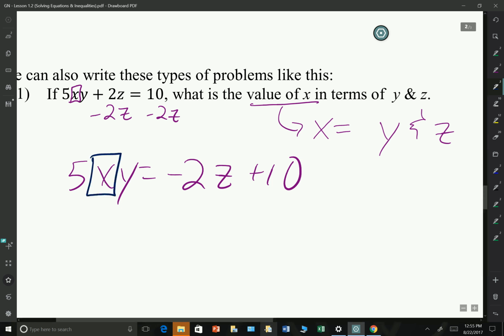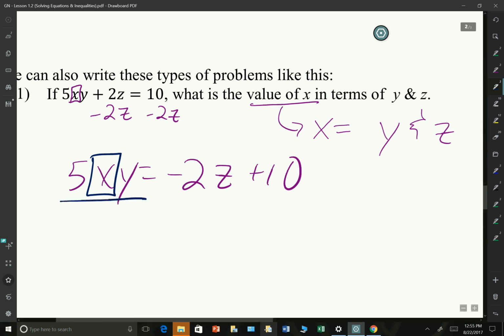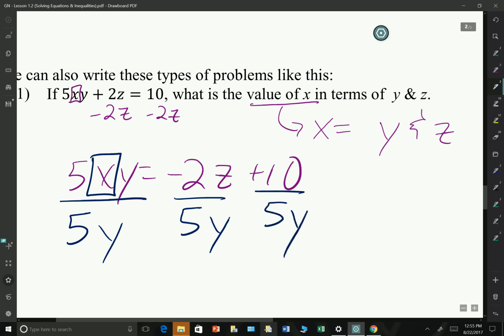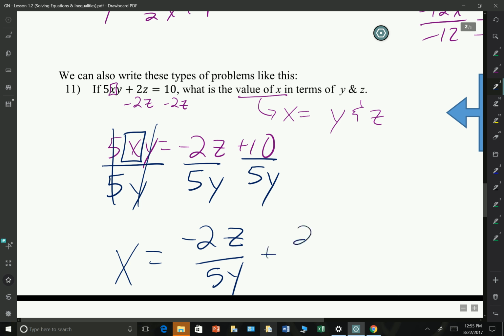It has just the 5 and the y. How do I get rid of those? Divide by 5y. It's being multiplied by 5 and by y, so divide them both out, and that would cancel them both. So x equals negative 2z over 5y. 10 over 5 becomes a 2, and the y is on the bottom.